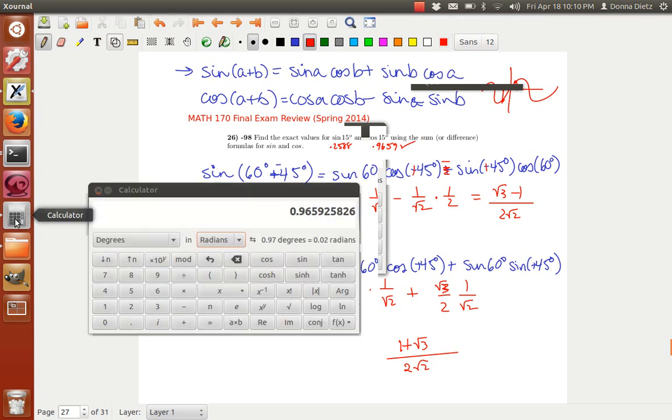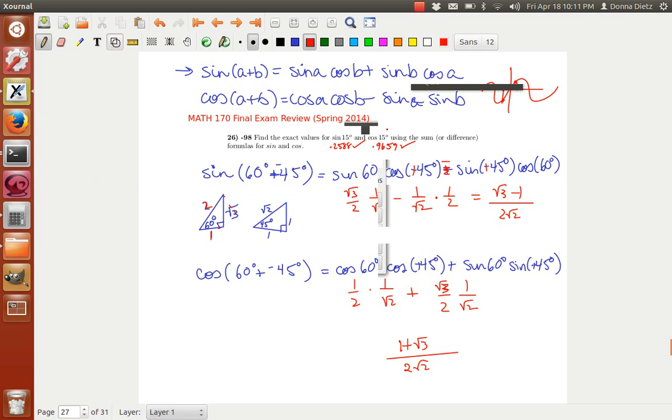Let's try the other one. 3 to the power of 0.5 minus 1, divided by, that's actually just 2 to the power of 1.5, so I'll just key it in that way. And this one works. Okay, so I'm happy.